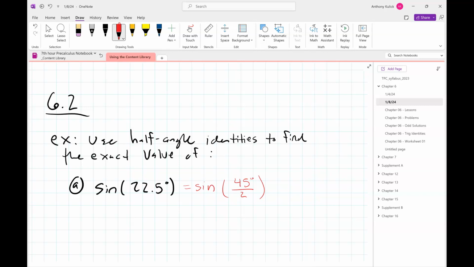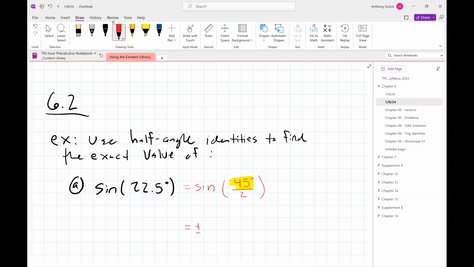At this point, I'm going to look at my identity sheet. I'm going to find the half angle identities and find the one for sine. I notice in this case, my x in the formula is 45 degrees.